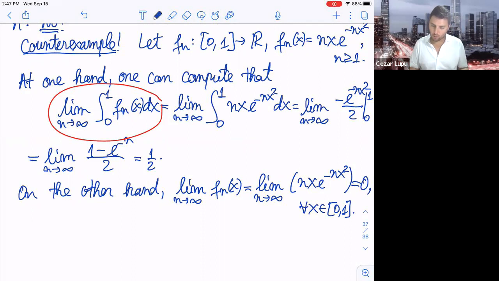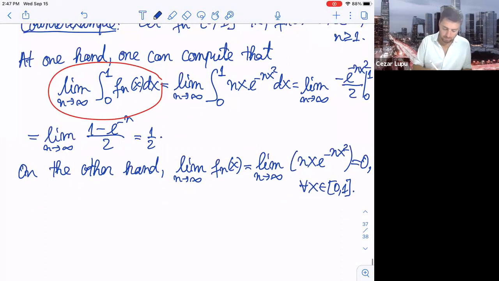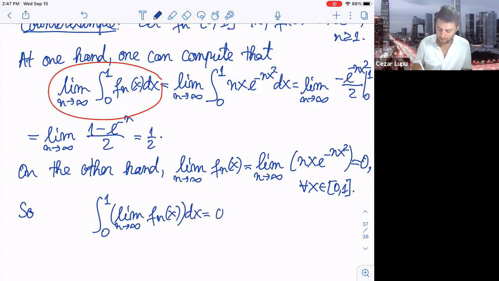All right. So the integral of the limit of f_n of x dx, guess what, is 0. As you can see, the two values are not equal.